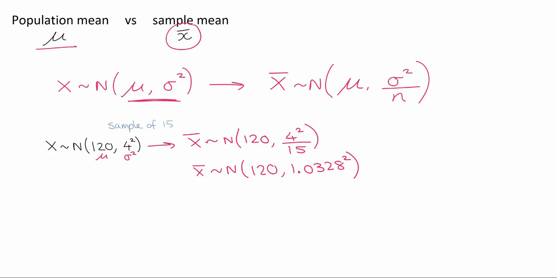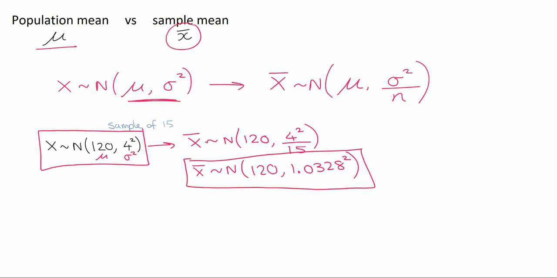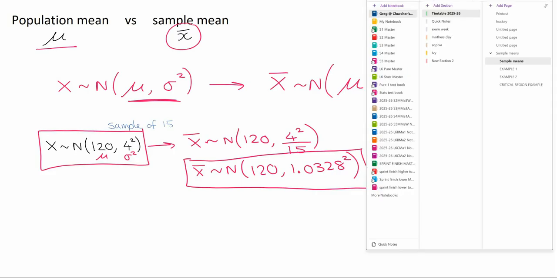On the new calculator, it's incredibly hard to take those numbers and use it later. So if you write to say 4, 5 decimal places, you're going to retain the accuracy throughout. Okay, so that is how you take a normal distribution of the whole population and turn it into the sample population parameters. So let's have a look at some actual questions.